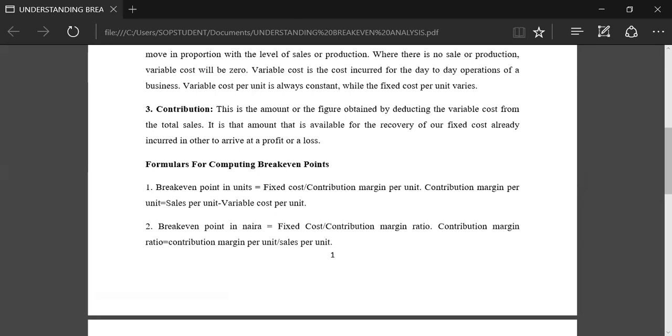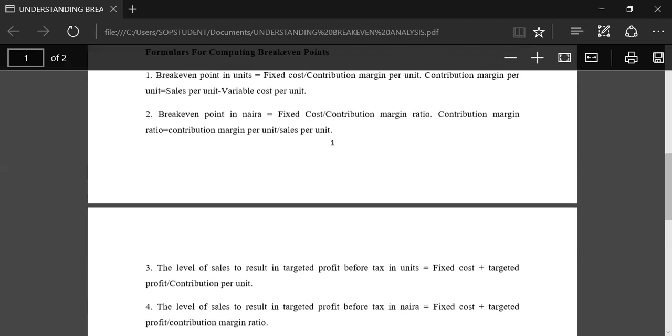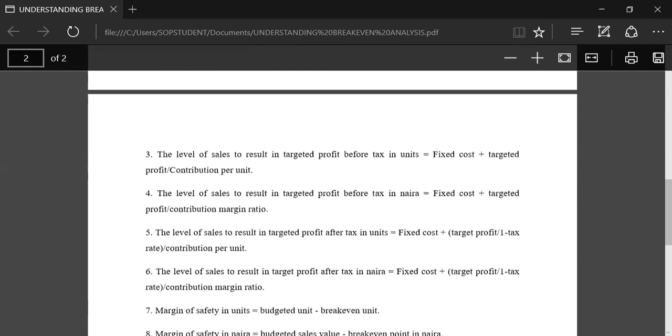So contribution margin ratio is the same thing as contribution margin per unit divided by sales per unit. So when we do that calculation on the fixed cost, it gives us the value of break-even in Naira.